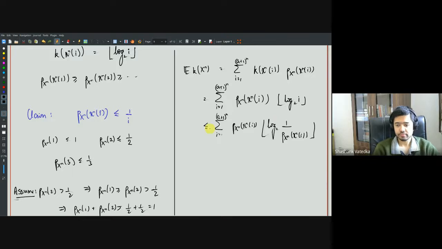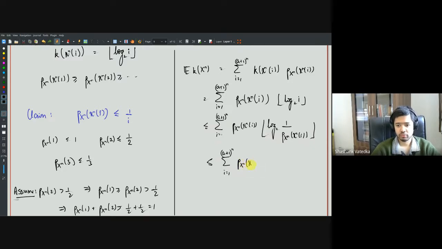Right? So now if I just ignore the floor, in the worst case, this is going to be less than or equal to the summation i equal to 1 to a plus 1 to the n, since the floor of the log is obviously going to be less than or equal to the log.